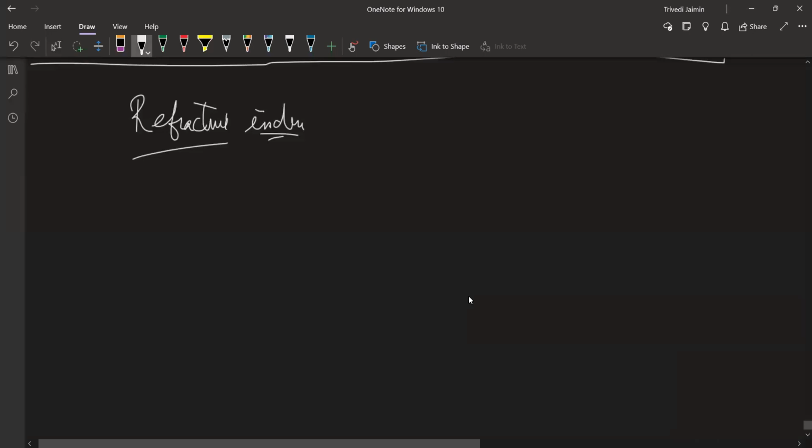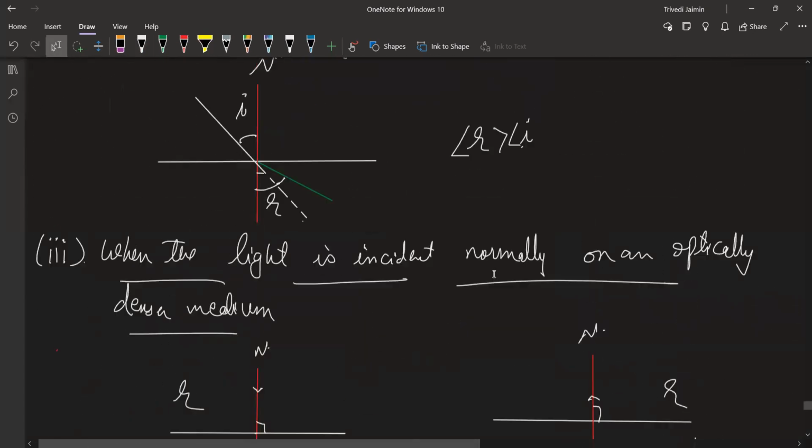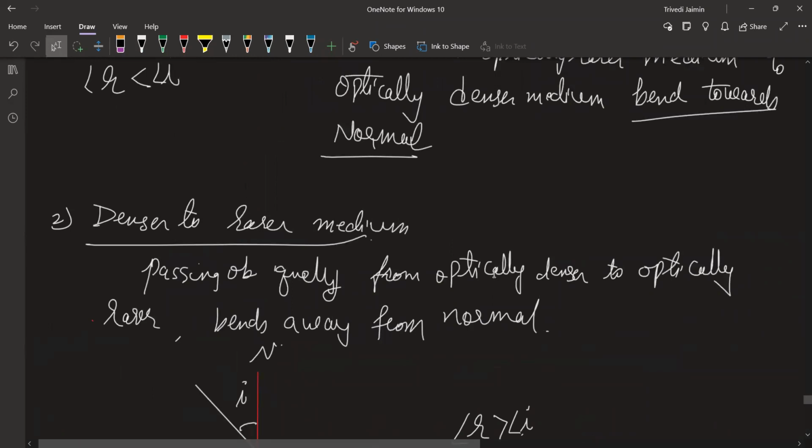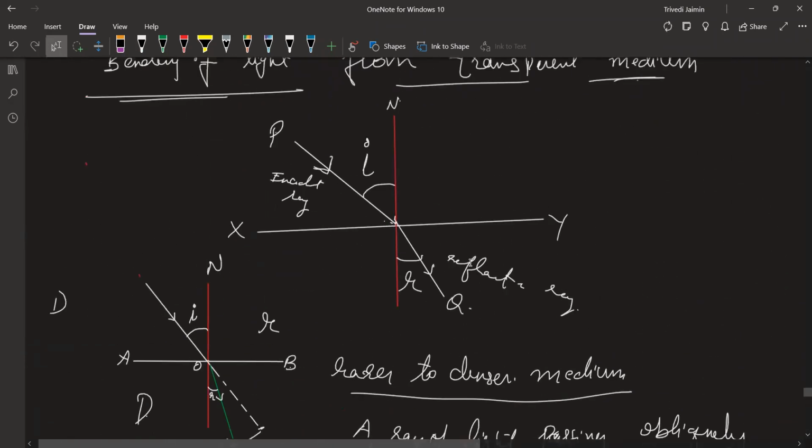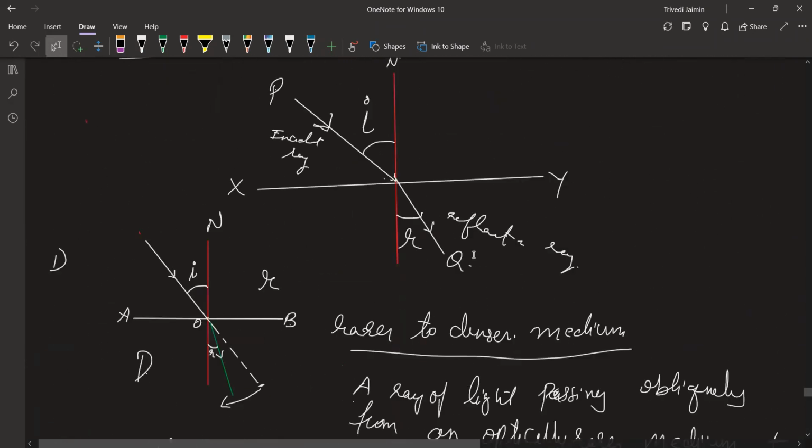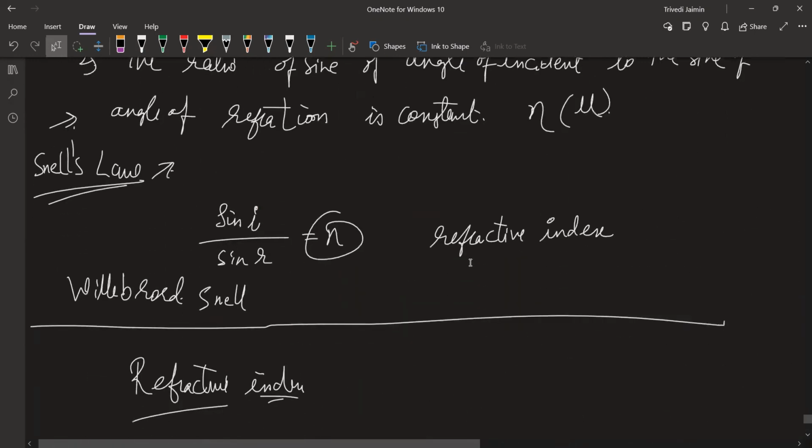So let's write a few points about refractive index. You already wrote all these points, the same points. Let's combine those points and write.